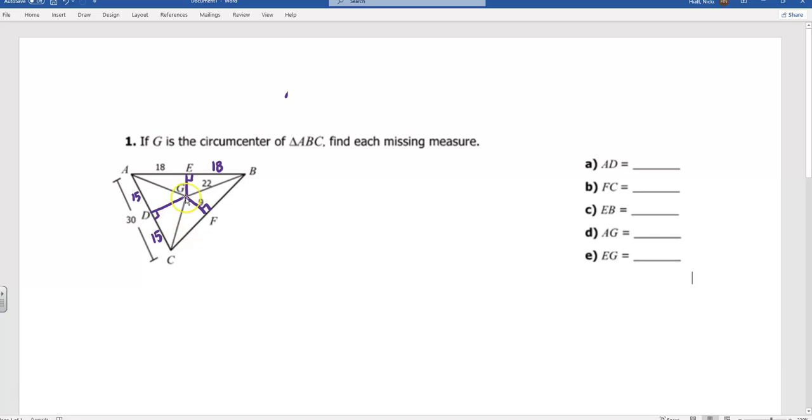I mean, we can find it, but it's going to take a little bit of work. What about CG or AG? It is 22. So this will be 22, and this one will be 22.